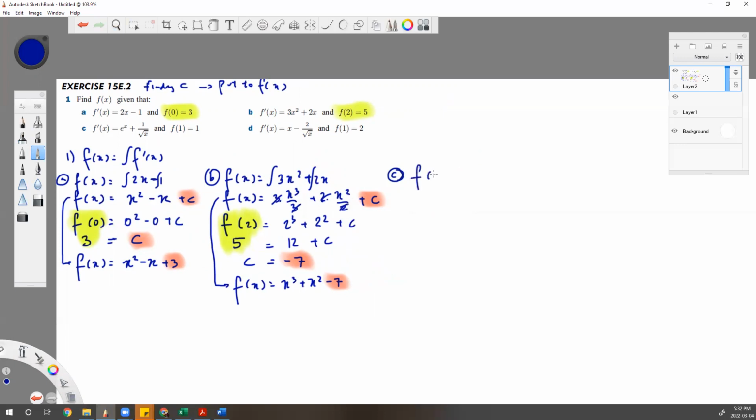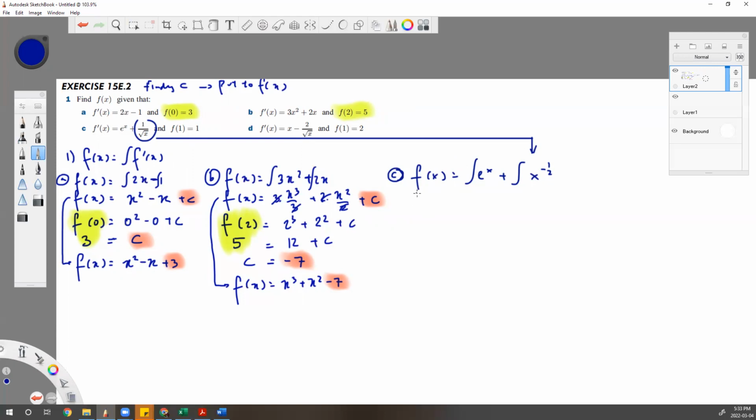So f(x) equals the integration of e to the power x plus the integration of x to the power negative half. Remember, square root becomes power 1 over 2. And if it is in the denominator, below, you have to put it back to the numerator with its power negative.